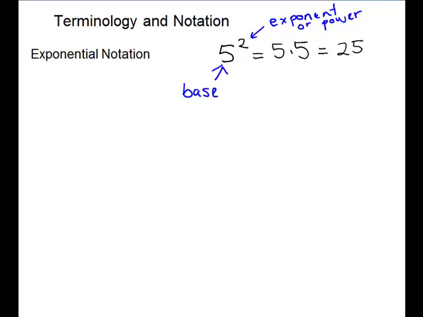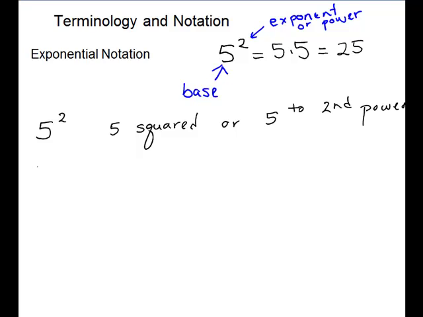Let's go over how to read these. So if we have something to the second power, we can say 5 squared. Or we can say 5 to the second power. If we have 3 for an exponent, we can say 5 cubed, or 5 to the third power.